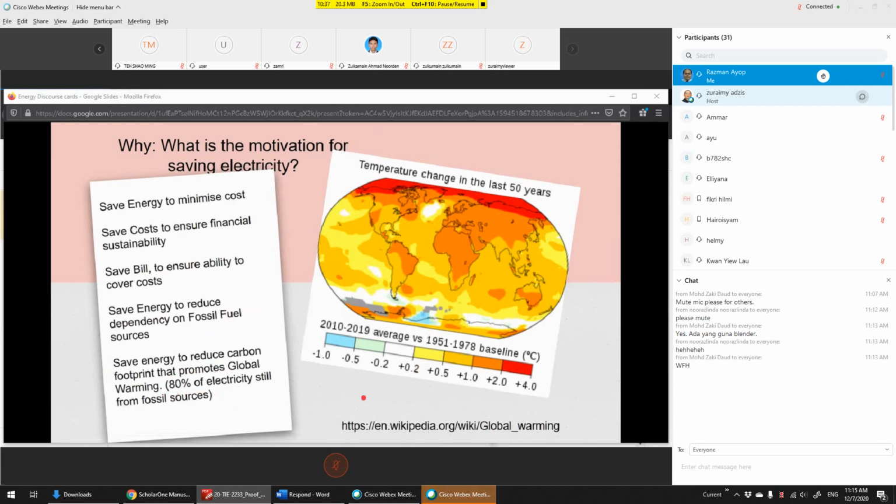Regarding this matter, if you refer to the United Nations, they have the SDGs, Sustainable Development Goals. Maksudnya target-target perkembangan yang lestari, sustainable.